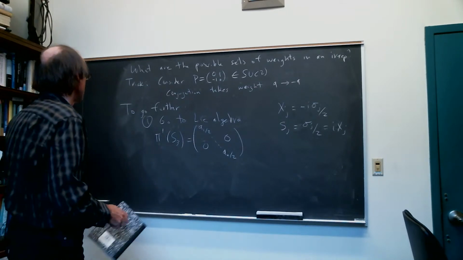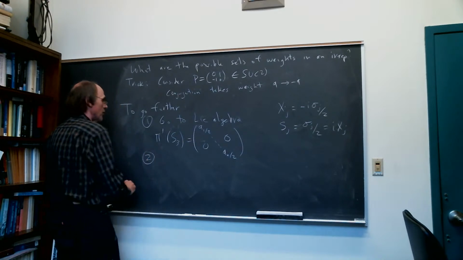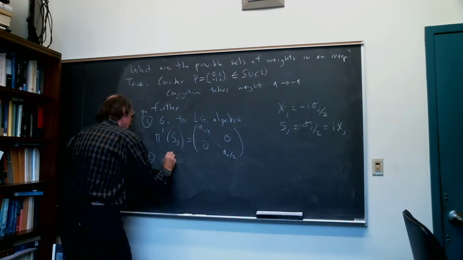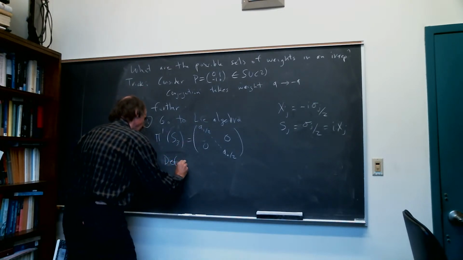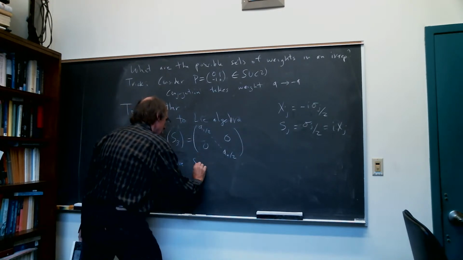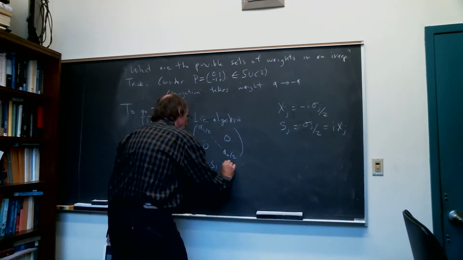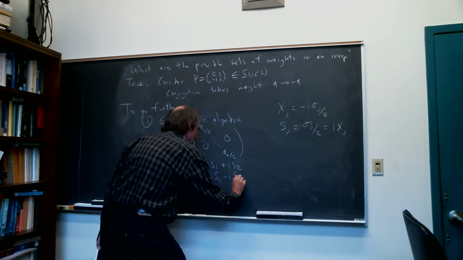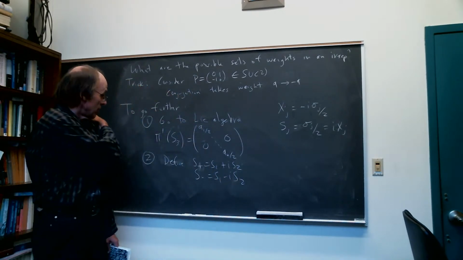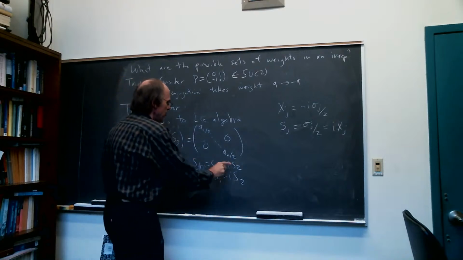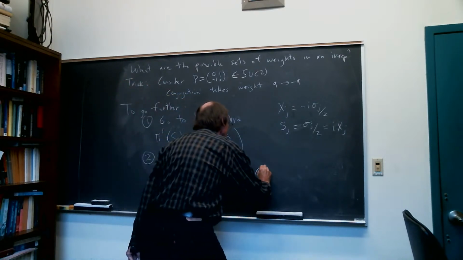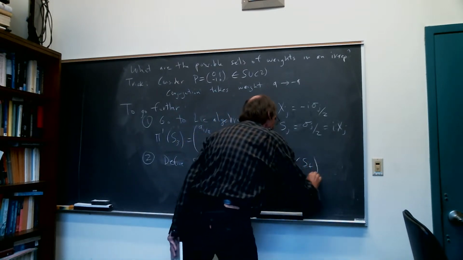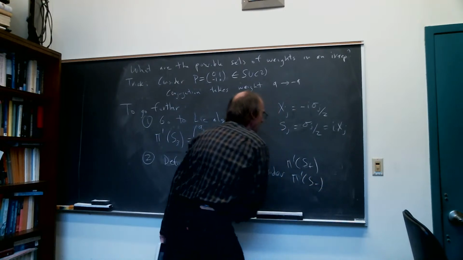But now here's the trick. This is the really obscure trick: you have to complexify. Let's define S plus as S1 plus iS2, and S minus as S1 minus iS2. And now consider pi prime of S plus. Okay.